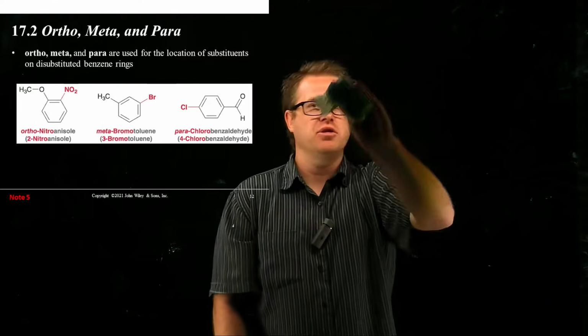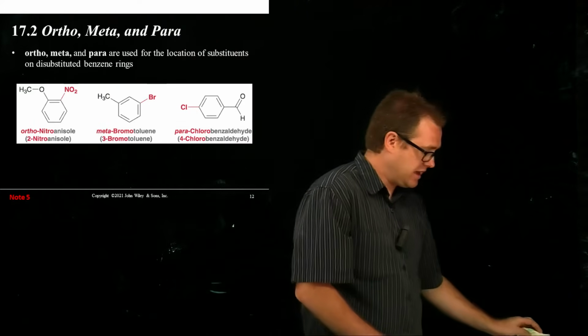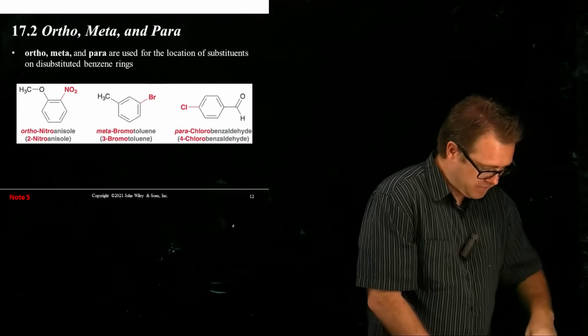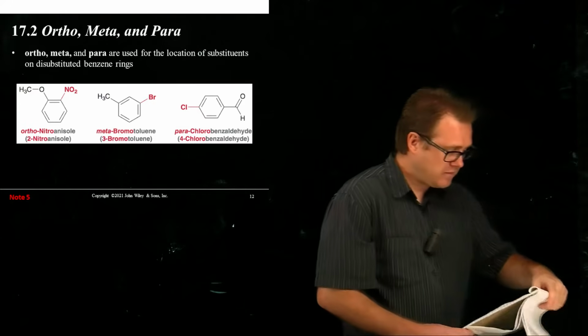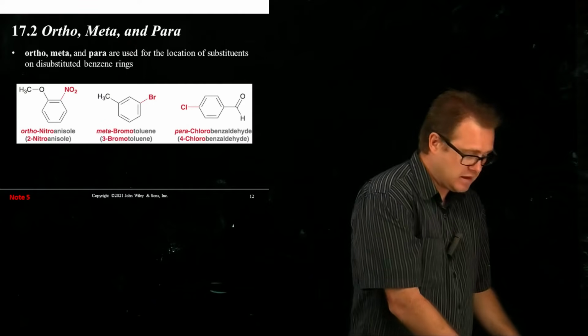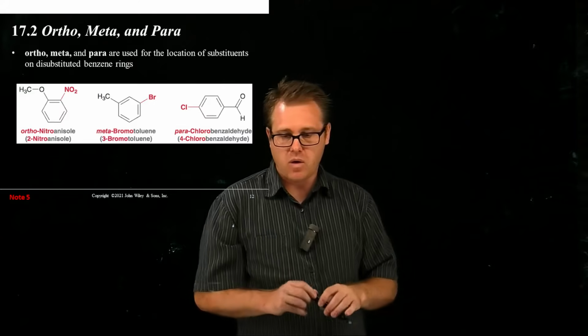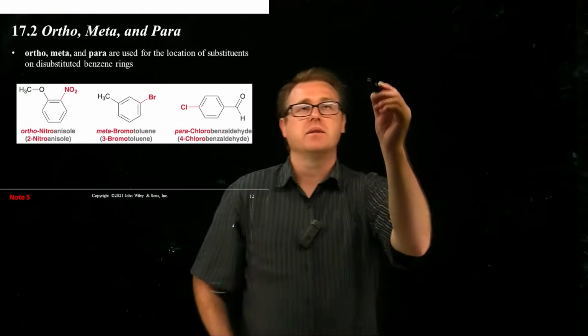And I want to show you a trick that I use to help keep that straight. Okay? So let's take a look at the orthonitroanisole. Okay, so let's draw that.